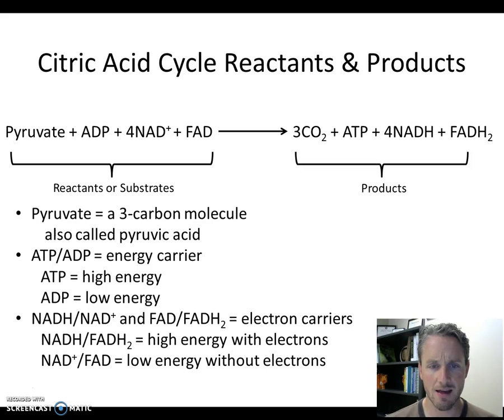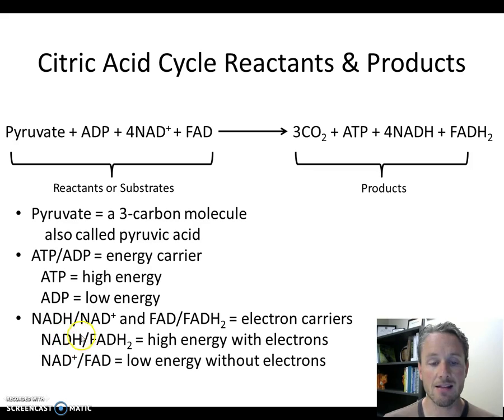I've talked about these details before in our glycolysis video, but I just want to remind you that, again, pyruvate is a 3-carbon molecule. ATP and ADP are energy carrier molecules, where ATP has a high amount of energy, ADP has low energy. So when we produce ATP, we've stored some energy in that molecule. And then NADH and NAD, or FAD and FADH2, are forms of electron carriers.